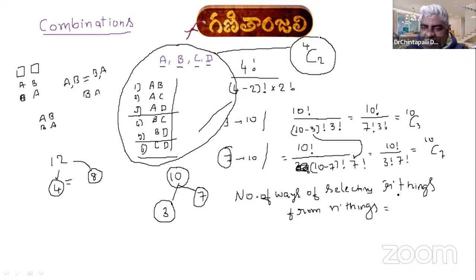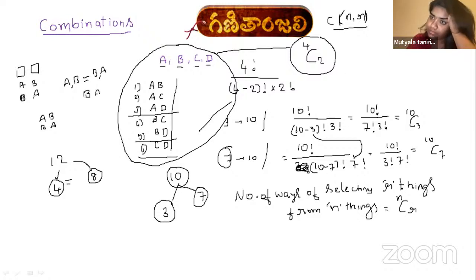As per definition, what's the symbol for it? C. Selecting R things from N things is NCR. Some authors use the symbol C(N, R) for typing convenience, which is also accepted. So it is NCR.